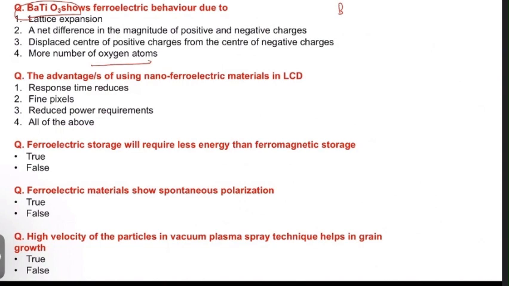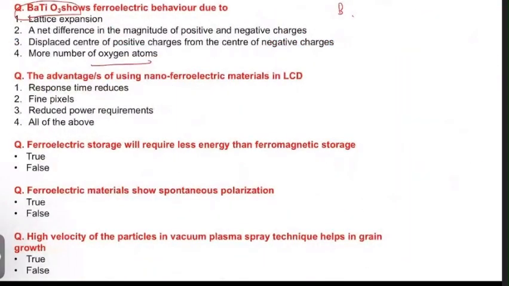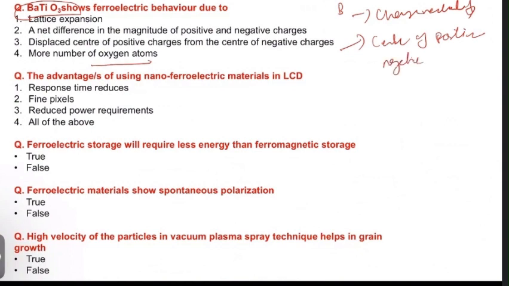What is the condition for the ferroelectricity? There are basically two conditions for the ferroelectricity as discussed. Let me write it again. The first, there should be charge neutrality. That is the basic condition. And the second condition is that the center of positive and negative charge is not coinciding.